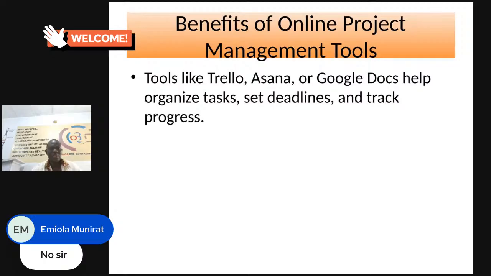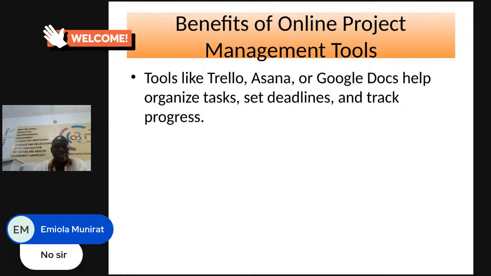So the next one is the benefit of online projects. I told you that this time around I'm going to teach you a lot of online tools, online bioinformatics, online artificial intelligence tools that you can use to do a lot of things.